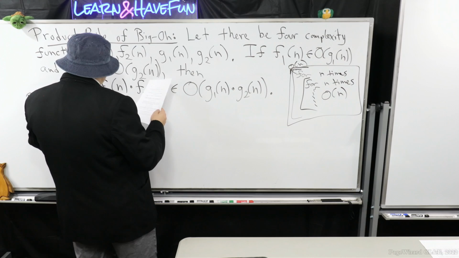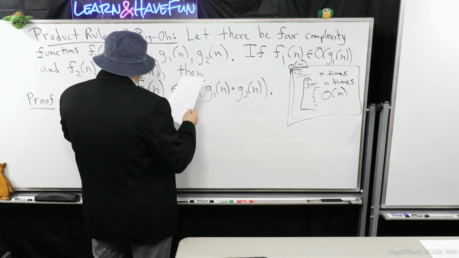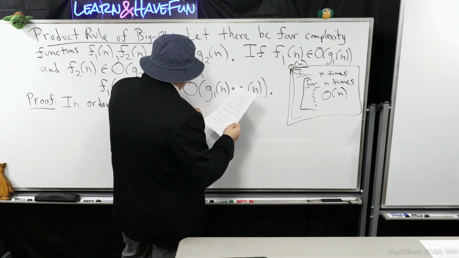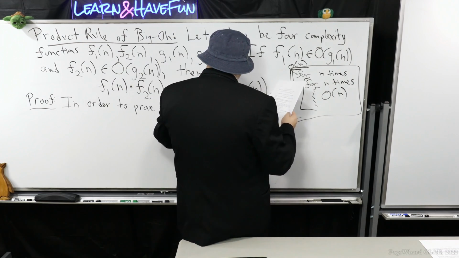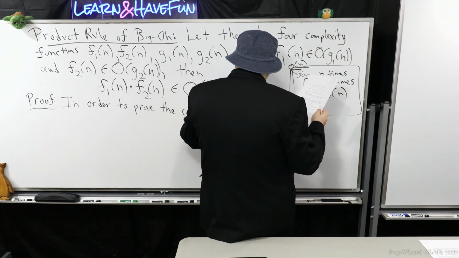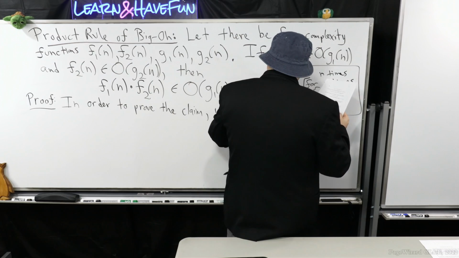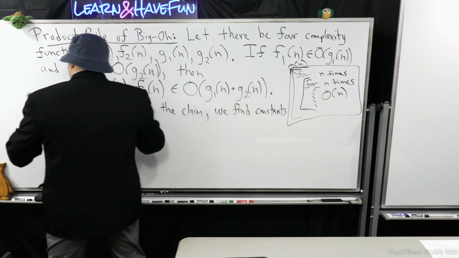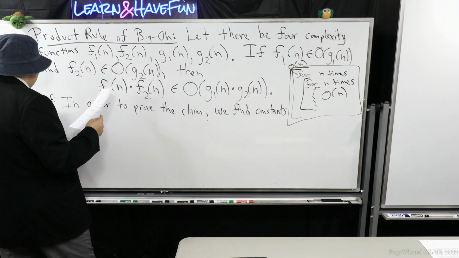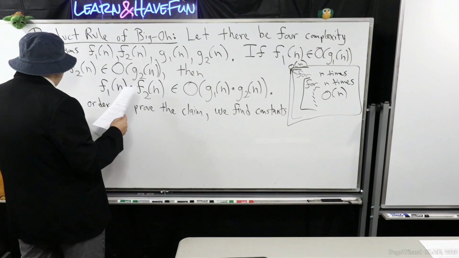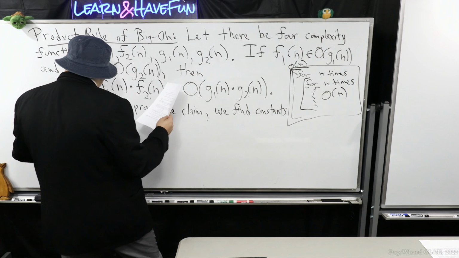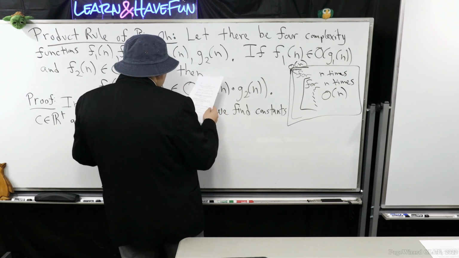In order to prove the claim, we find constants. So we find those two constants. Remember the two constants? We usually call them C and N0. Remember, C is a positive real number, N0 is a positive integer.